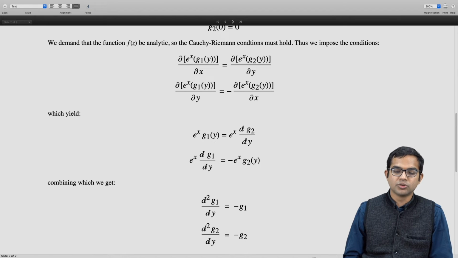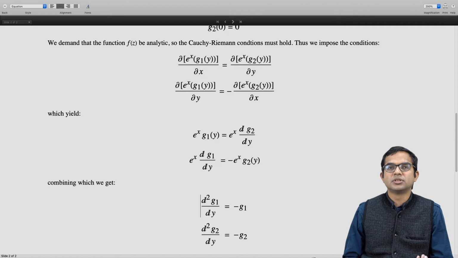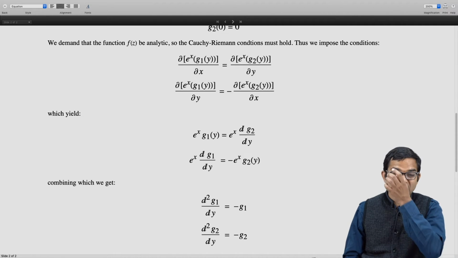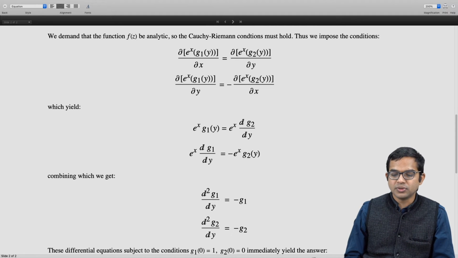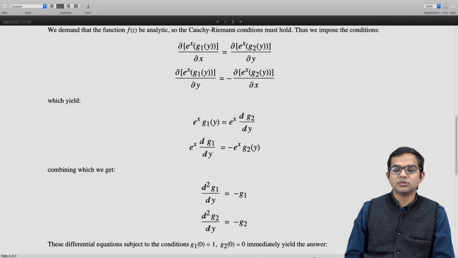So indeed both of these have the same second order equation, which we know how to solve, right? This is nothing but the simple harmonic oscillator problem. The solutions are either cos y or sin y or some linear combination, except in this case it's not quite arbitrary because we are given that g1 of 0 must be equal to 1 and g2 of 0 must be equal to 0, right?